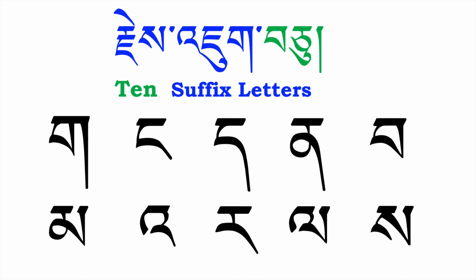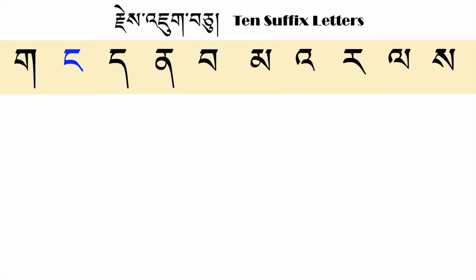Okay, let's start. Here you can see the ten suffix letters called jinjuk: ka, nga, ta, na, pa, ma, ha, ra, la, sa.